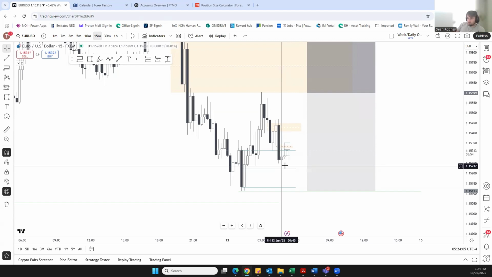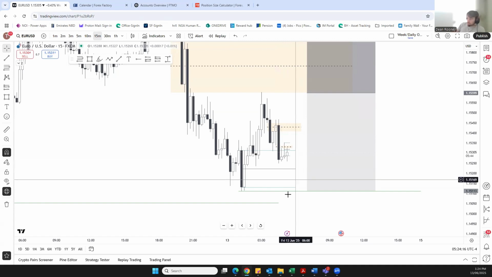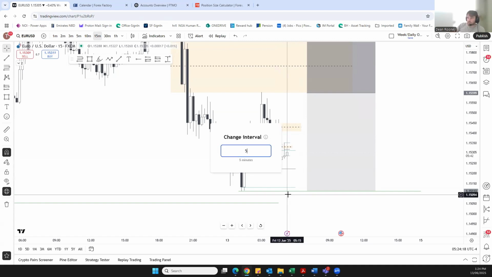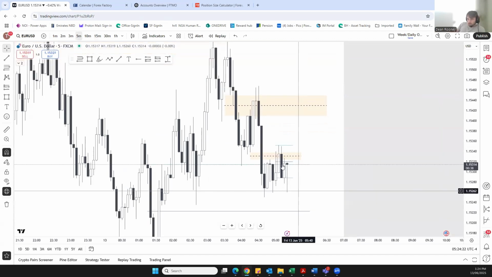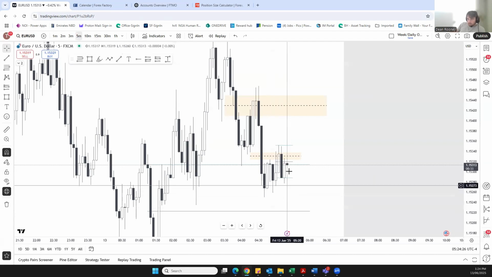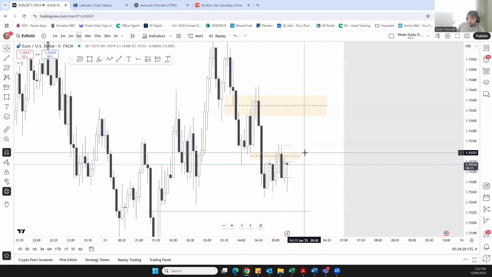No, I'm incorrect, this one is lower, one pipette lower. So that liquidity there hasn't even been taken between these two candles, but it's left what you might say is equal lows. So when people see this, they'll be going, right, resistance, let's jump into a long here.